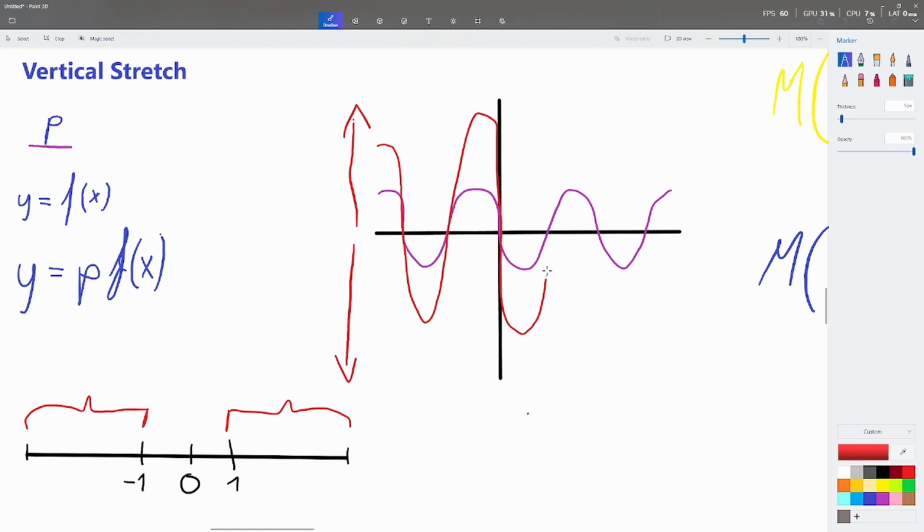It's not good, but I hope you can understand what I'm trying to convey here. So this will be your new function.